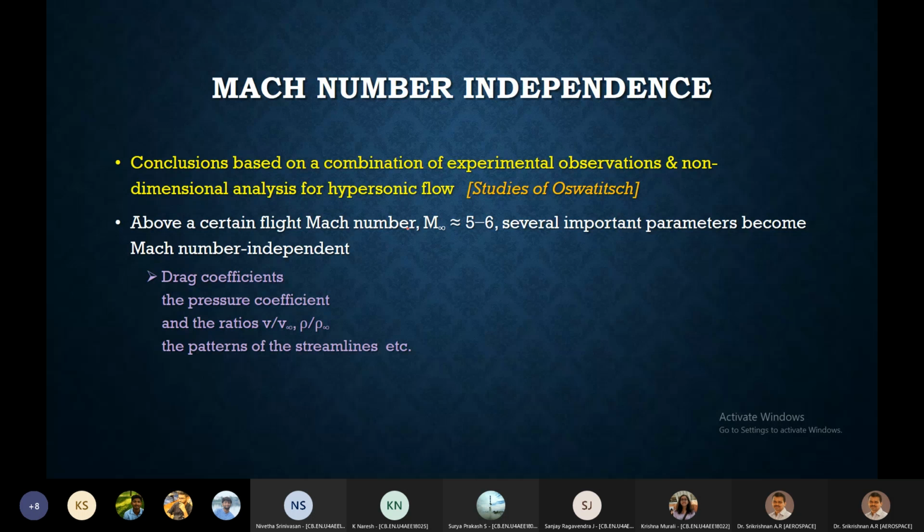Now I'll tell you why it is helpful, but please keep in mind that this involves a lot of assumptions and approximations. This is not the end of the hypersonic problem. I'm not trying to say that if you can determine aerodynamic coefficients experimentally at lower Mach numbers, you can use them everywhere.